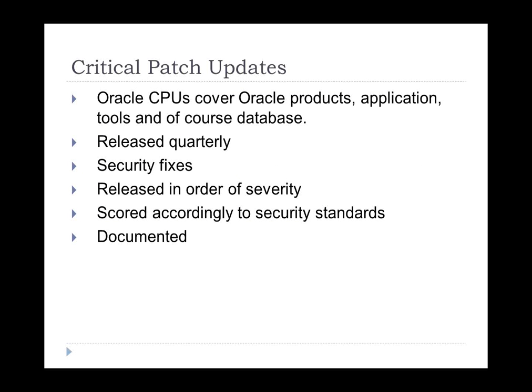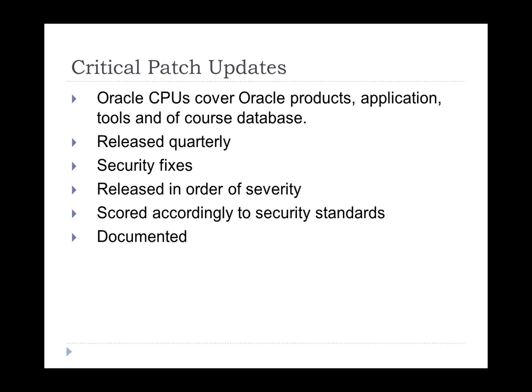So Oracle CPUs, critical patch updates, we'll cover here quickly and talk about that, because this is also a very important part of a secure configuration, and understanding that Oracle produces critical patches once a quarter. They send out release notes that have a ton of information about the different vulnerabilities or the level that might be affected, providing information about what areas of the database might be affected, places to patch.